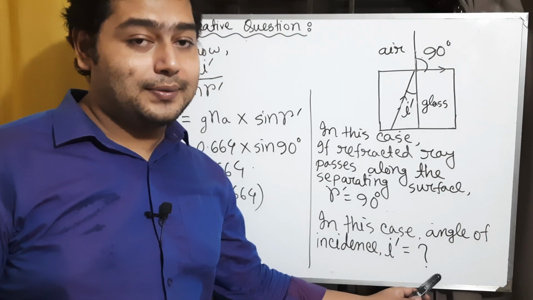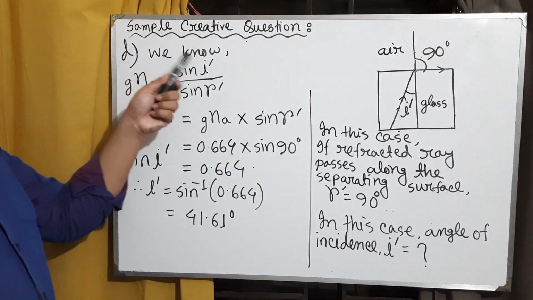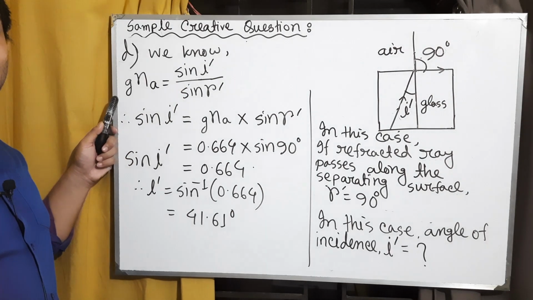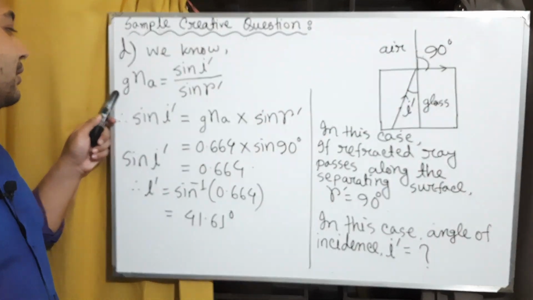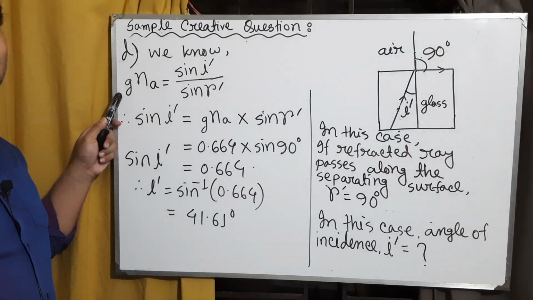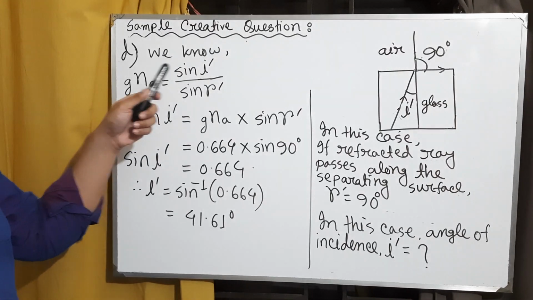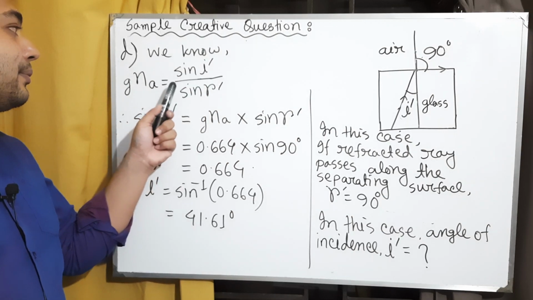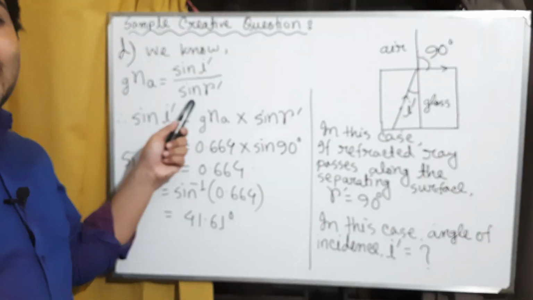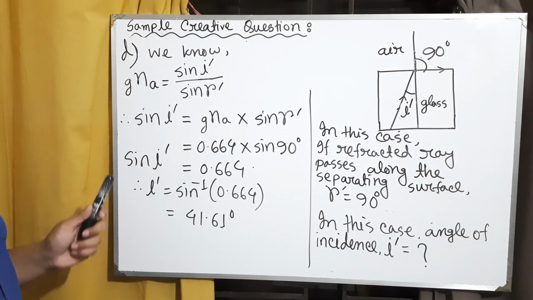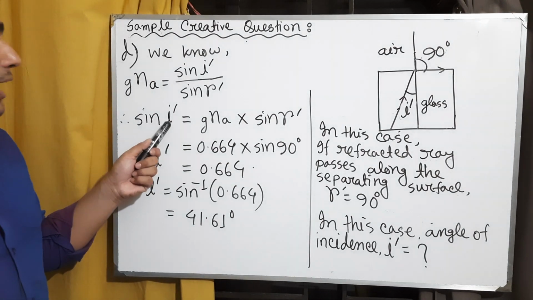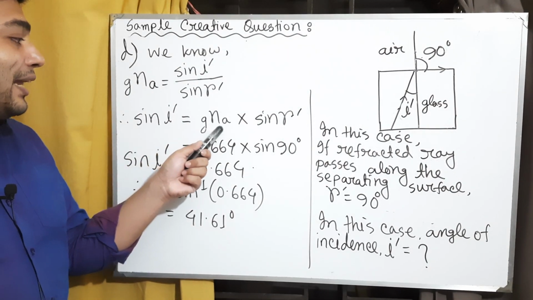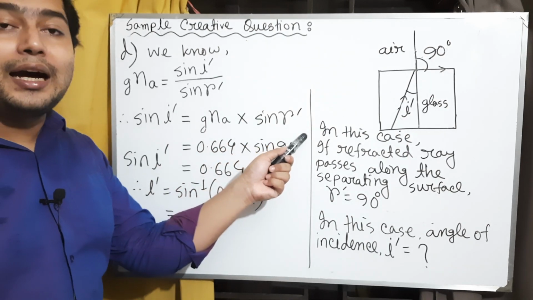We know that the refractive index of air with respect to glass, gna, equals sin I prime by sin R prime. Then sin I prime equals gna times sin R prime.